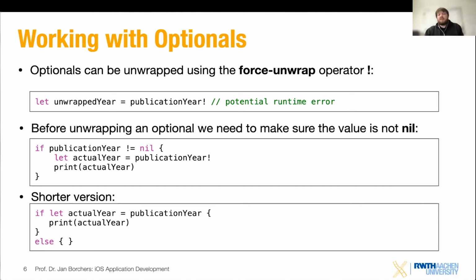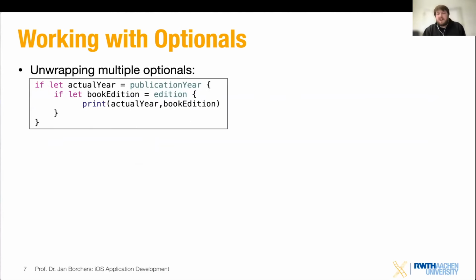But of course, if you have multiple optionals, you could chain that together like this, where you have then an if let statement for the actual year, or for the book edition, if that's another optional that we added there too.